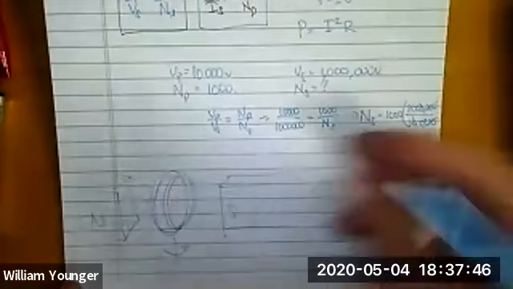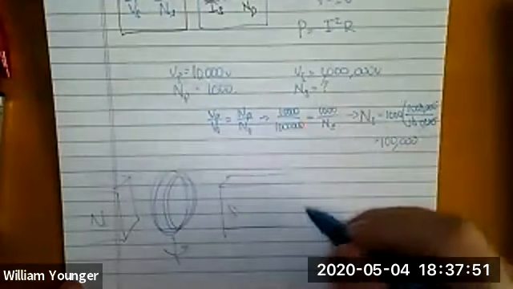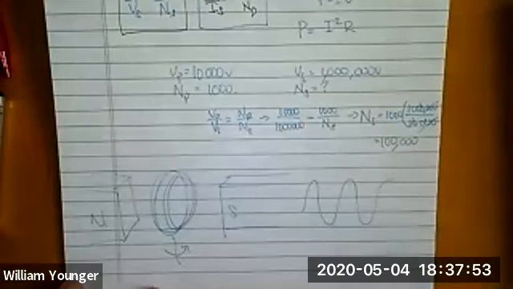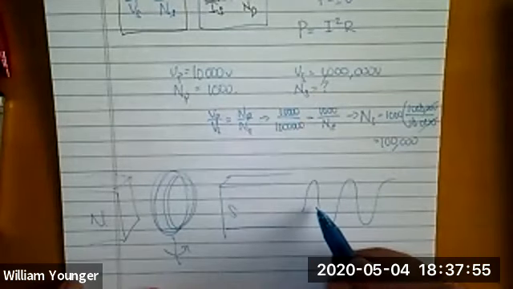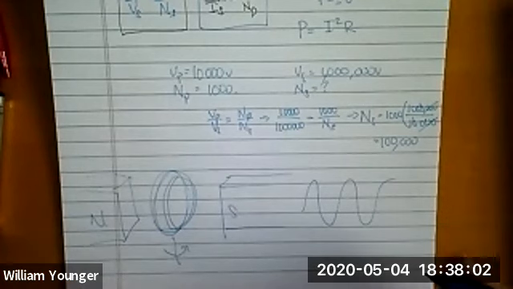That current could be tapped and run off as electricity in an AC manner. So it's automatically going to come up like this, because each time the flux changes, we're going to get a changing voltage.